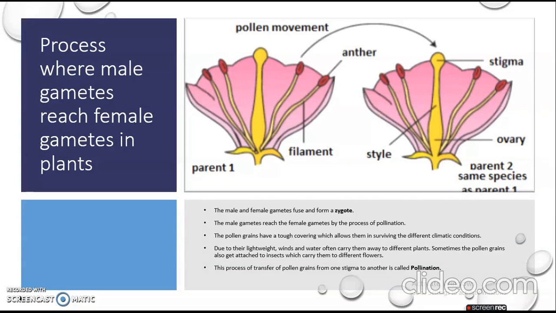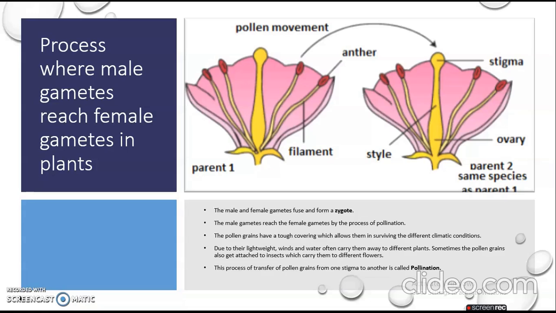Now we are going to learn about the process where male gametes reach female gametes in plants.